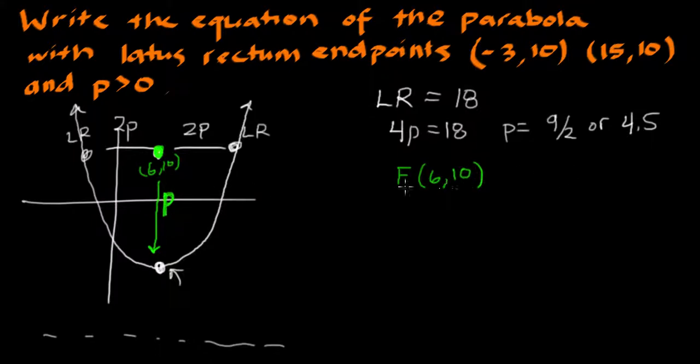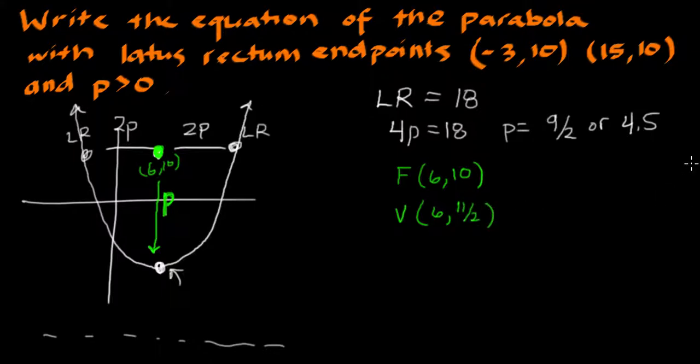So from my focus, I need to go down until I hit my vertex. My vertex is going to be 4.5 spaces below the focus, so I subtract from the 10. This gives me 6 comma 5.5, or 6 comma 11 over 2.